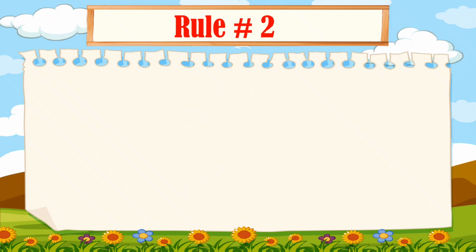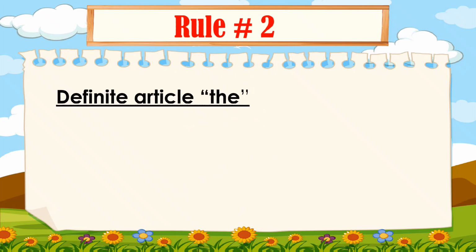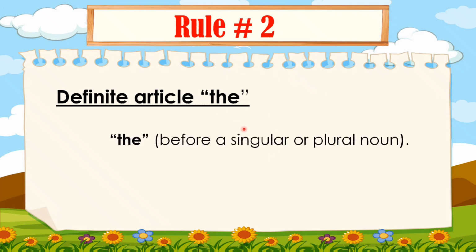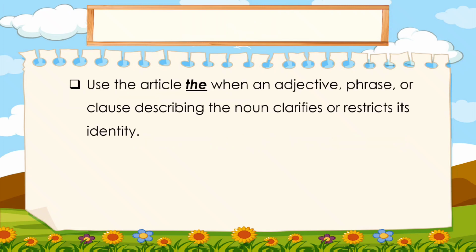Rule number 2, the definite article the. The definite article the is used before a noun to define it as something specific. We use the if you are referring to a thing that is very specific, before a singular or a plural noun.